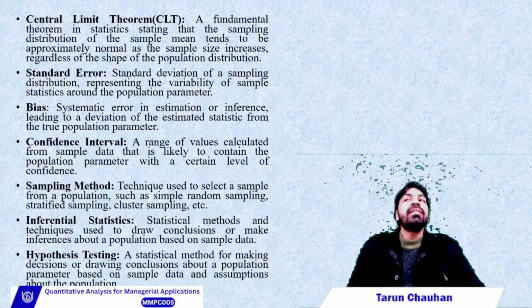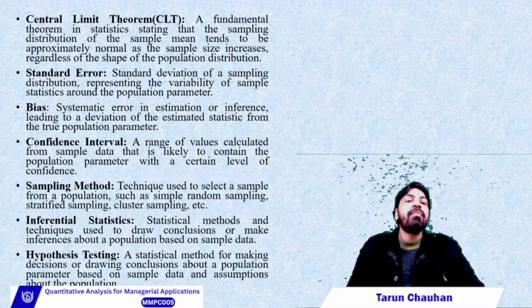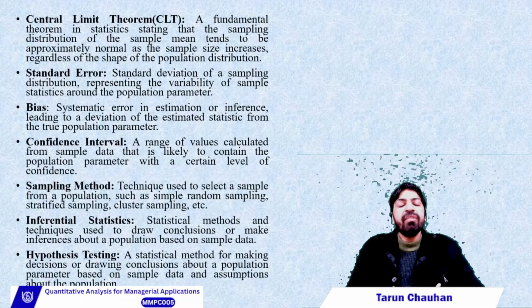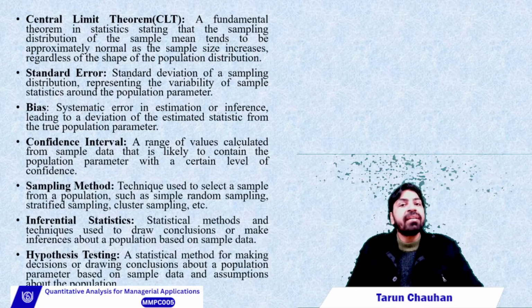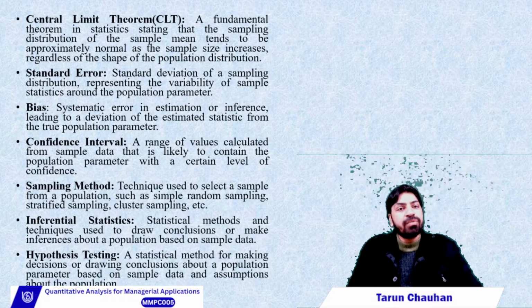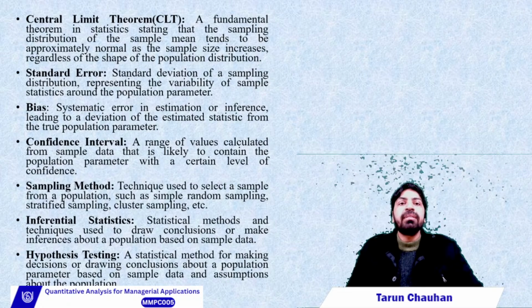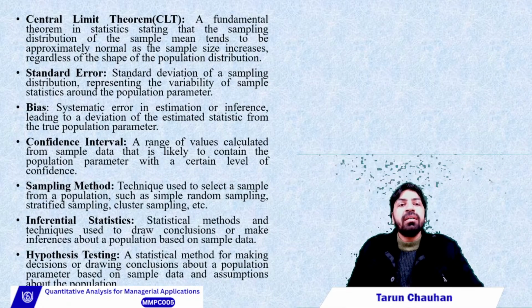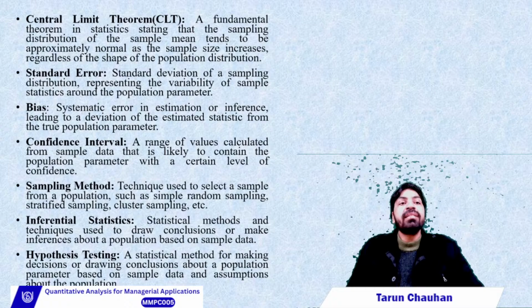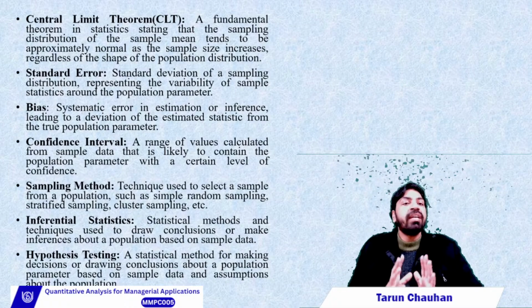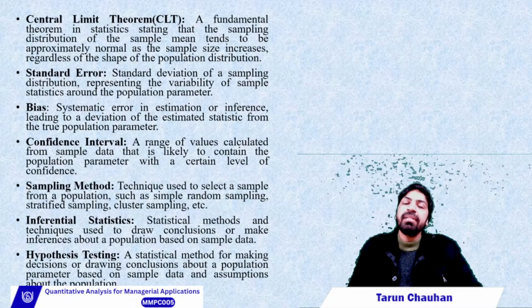Another important concept is the central limit theorem. This is a very basic theorem in statistics, where the sampling distribution of the sample mean tends to be normal as the sample size increases.